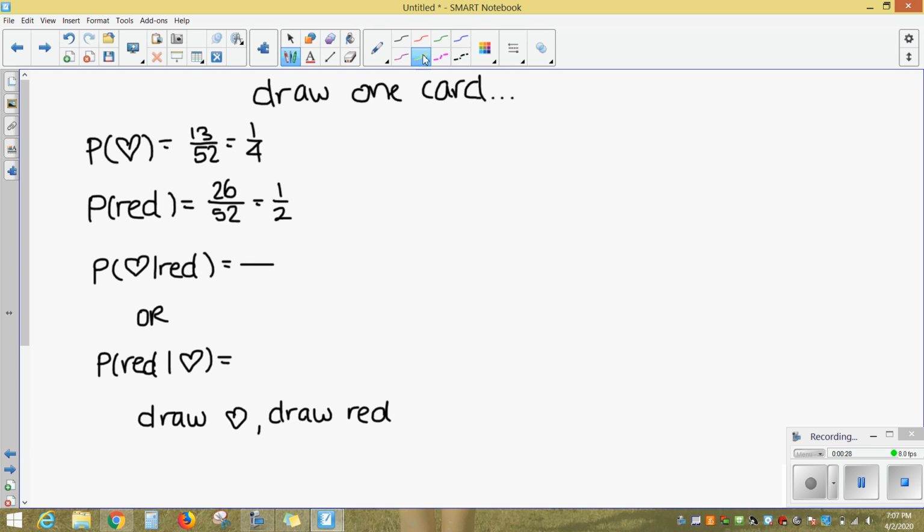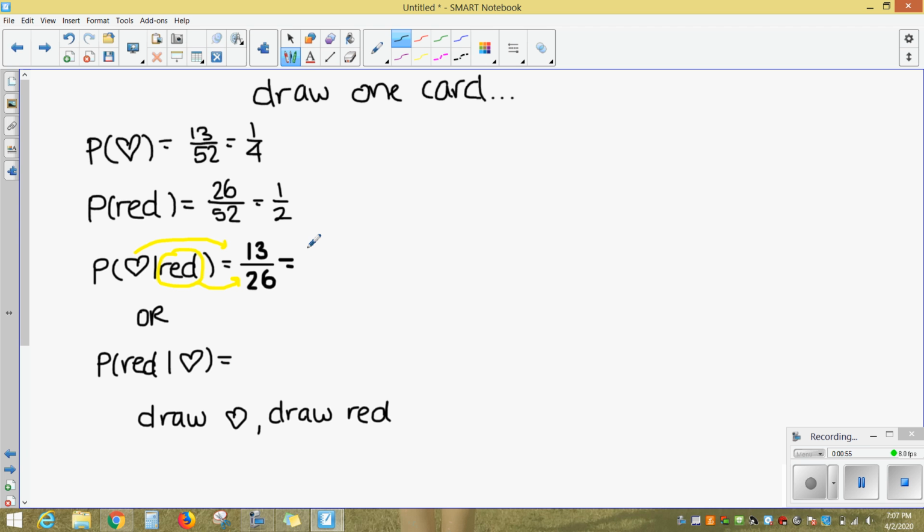If we're doing conditional probability, heart given that it's red, if we've been told someone cheated and said she's holding a red card, we know we've narrowed it down to 26. Of those 26 red cards in my hand, I want to know how many of them are hearts.